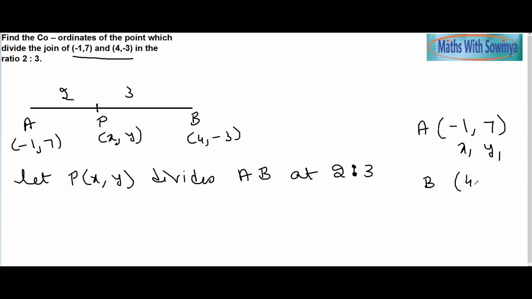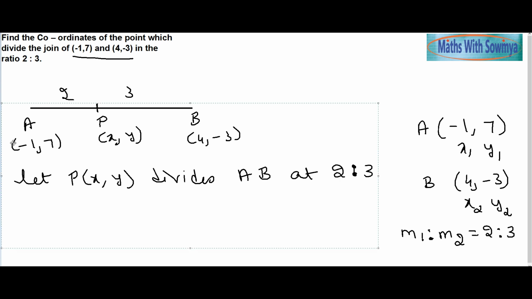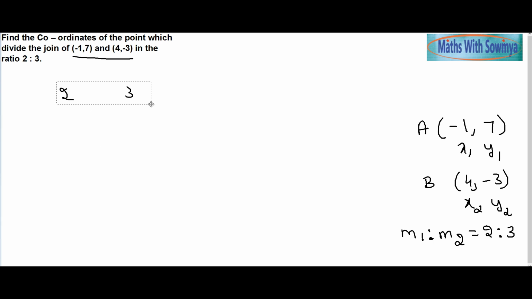B, (4, -3), we call X2, Y2. m1:m2 is given as 2:3, that means m1 is 2 and m2 is 3. If you are okay with m and n, you can apply that also as the formula. So now we directly move to the section formula here.